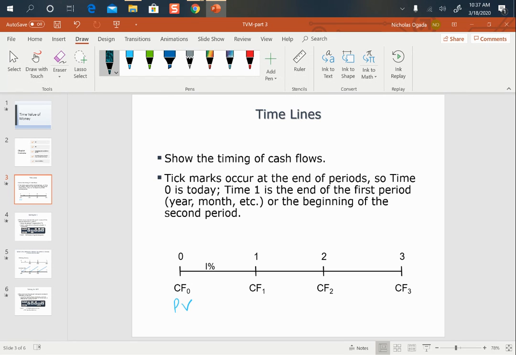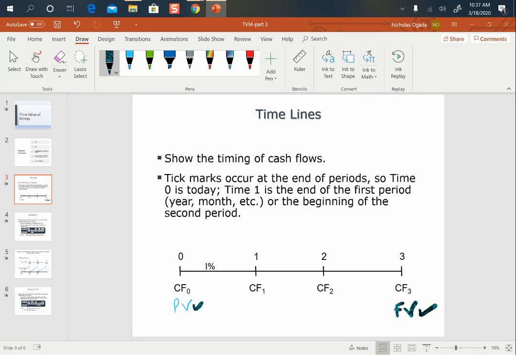The future value will also be given to you.